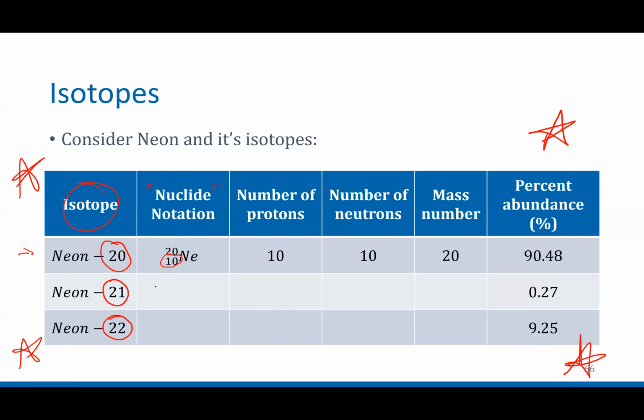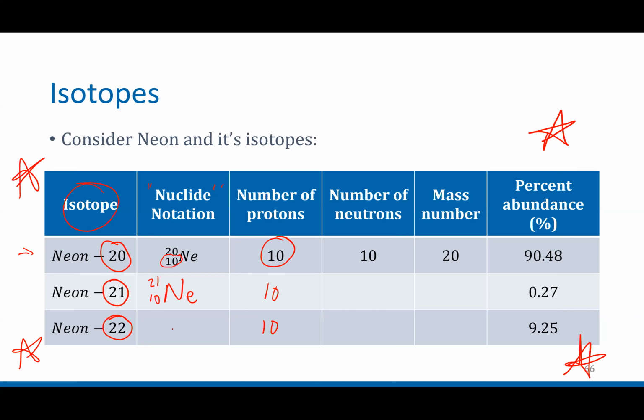So it's the atomic number, it's the number of protons, and all neon atoms or isotopes have the same number of protons.